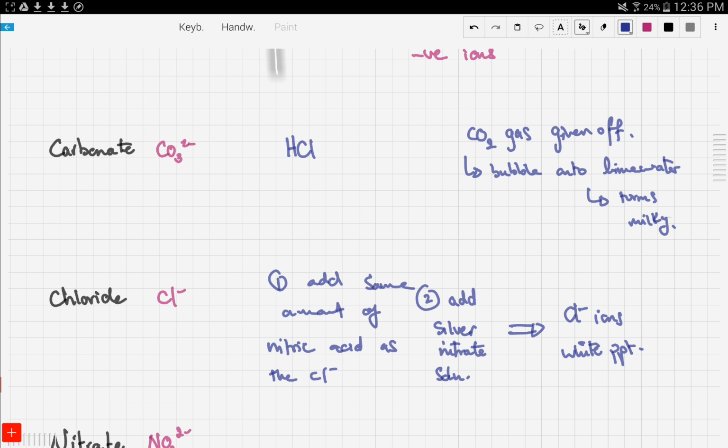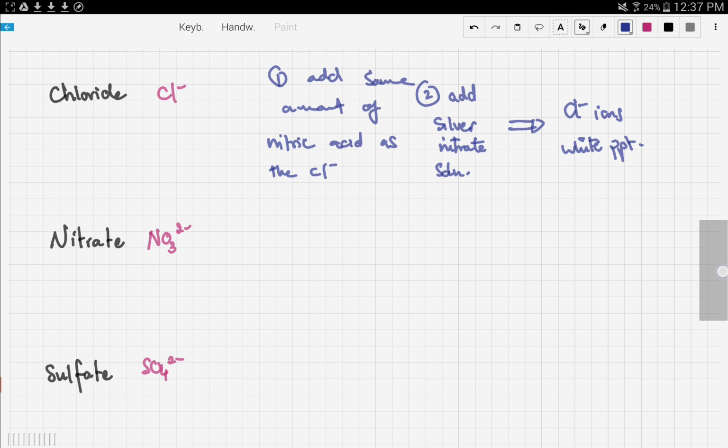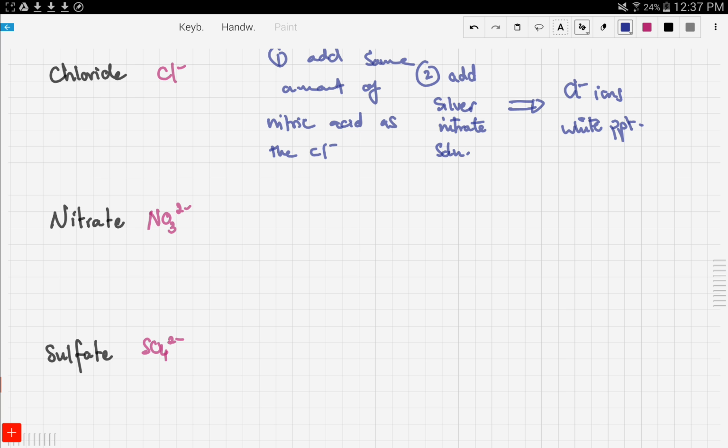Now let's move on to testing for the nitrate ion. In order to test for the nitrate ion, you firstly have to add some sodium hydroxide, and afterwards you add some aluminum pieces.